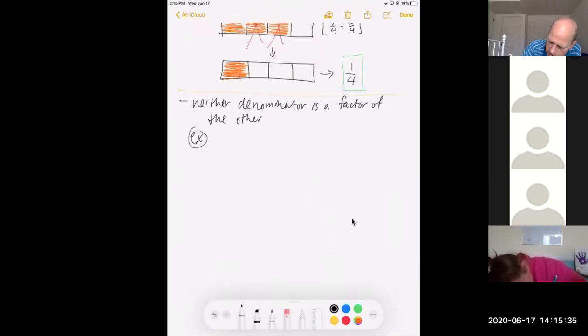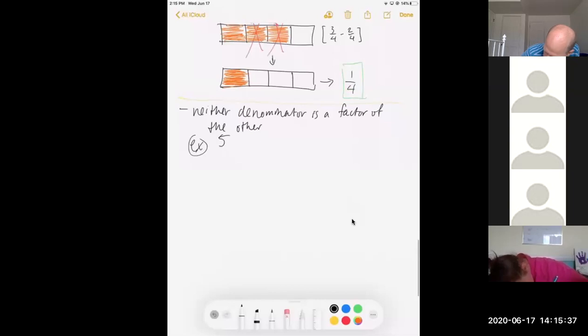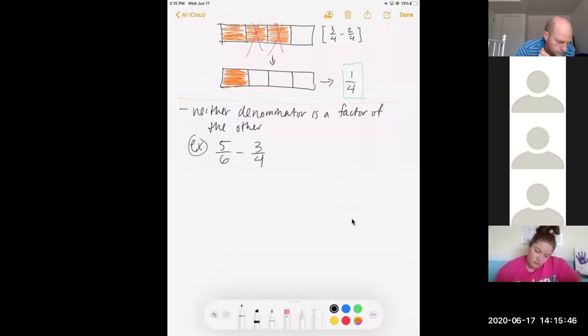Like 5/6 minus 3/4. We will depict each one.